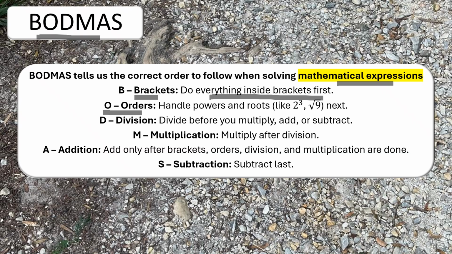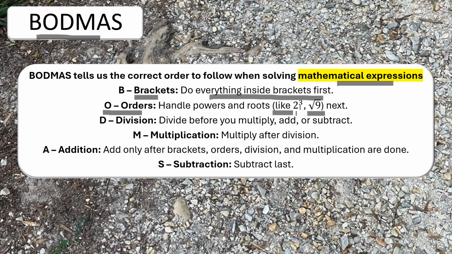We're looking at square roots there, or numbers or constants with exponents. 2 is a constant, 2 to the power of 3, 3 is an exponent. So orders, exponents, and square roots or cube roots.